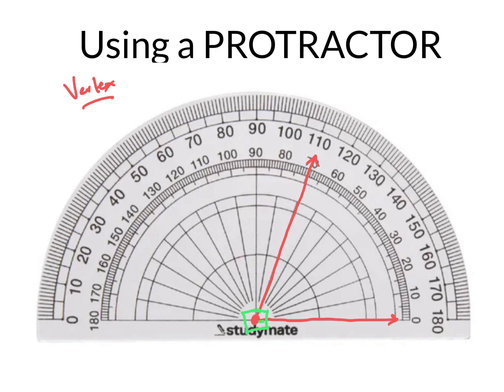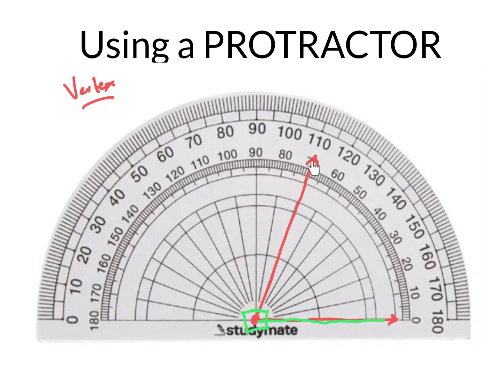And then we want to put this bottom line on one of the two rays that make up our angle. And then we simply follow. So again, we put our vertex on that centerpiece, I put this bottom line on one of the rays, and then we simply follow the other ray up to the angle.